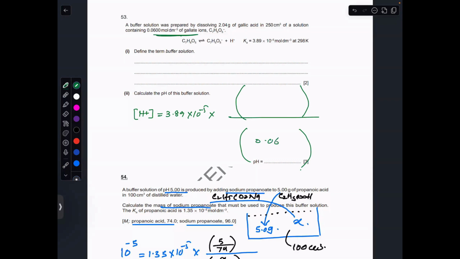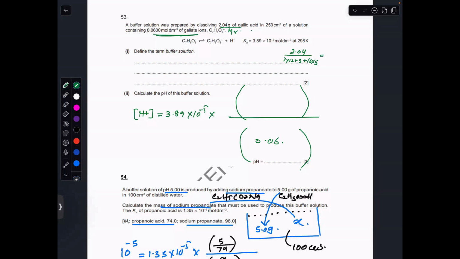It's already given. But in this one, how can we find the concentration? Can you divide the mass over MR? Yes, these are moles. So 2.04 divided by 7 into 12 plus 5 plus 16 times 5.